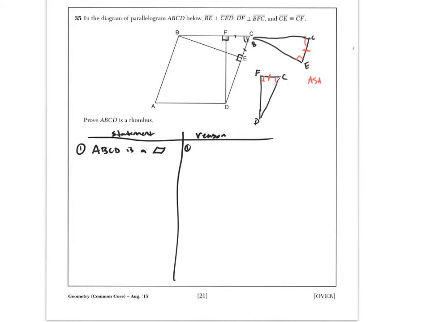That's our one given. Our second given is that BE is perpendicular to CED. We know that DF is perpendicular to BFC. That's our third given, and then we know that CE is congruent to CF.